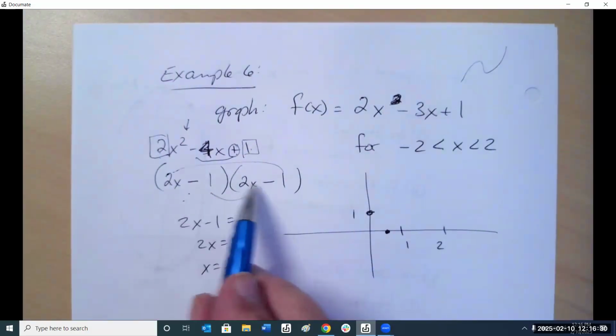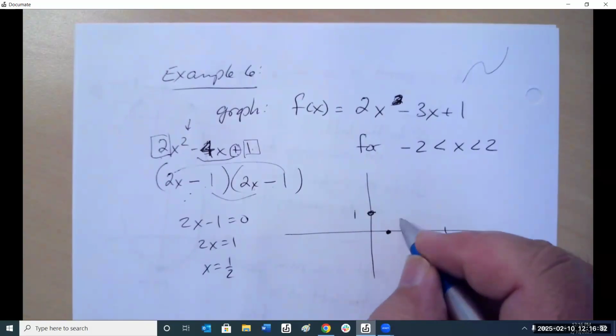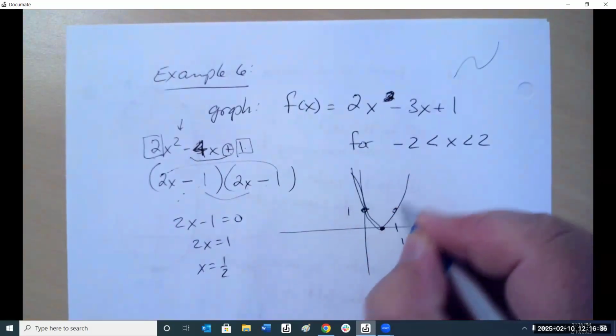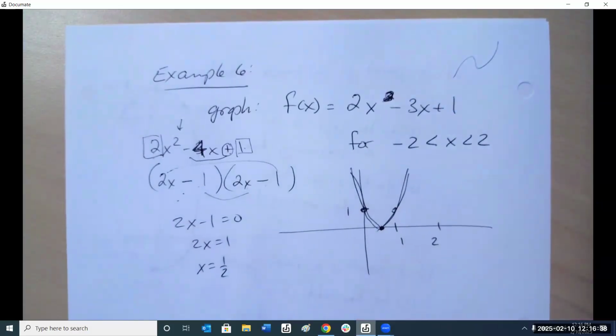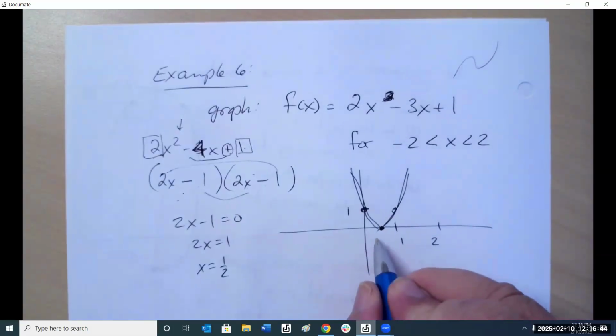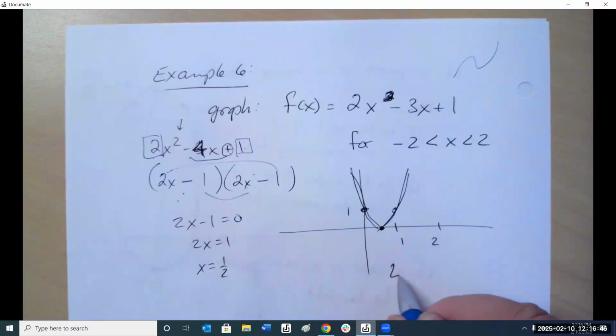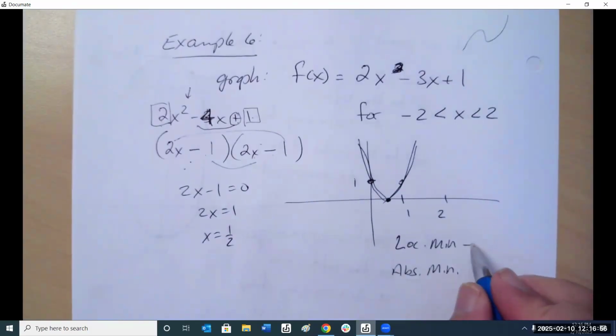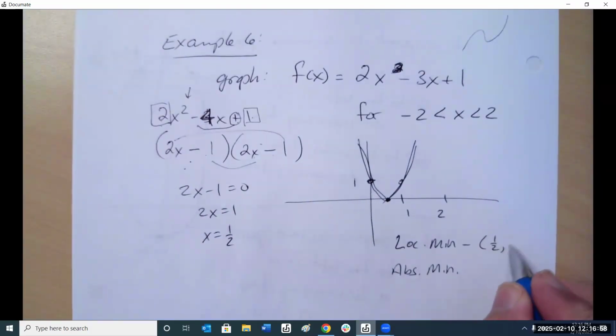Since both of these are the same, we know our graph is going up from there, because we only have one x-intercept, and that's the vertex. It opens up. So this is our local min and our absolute min. They're both the same. The local min is at 1/2, 0.